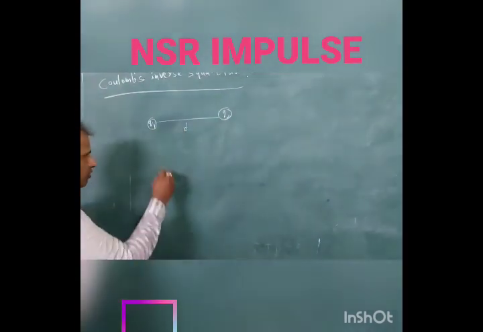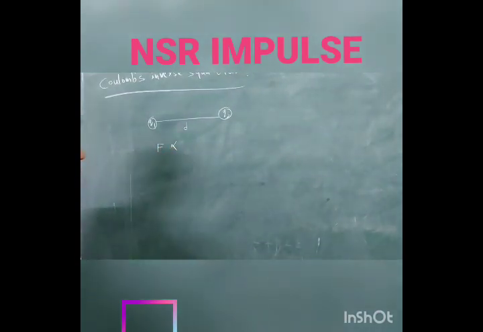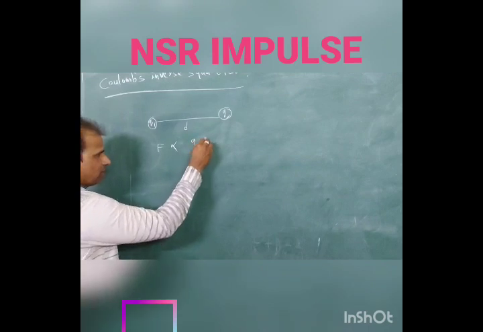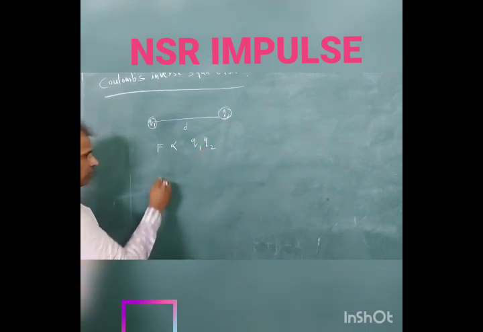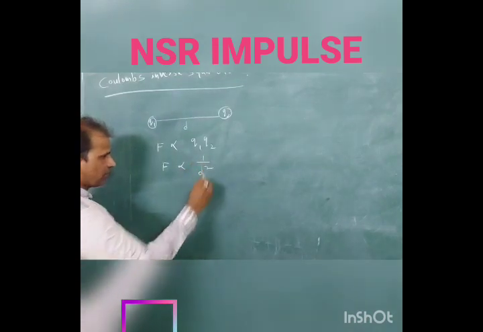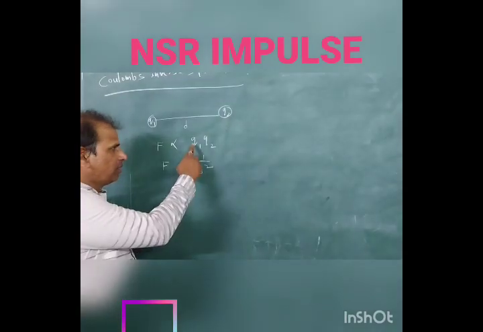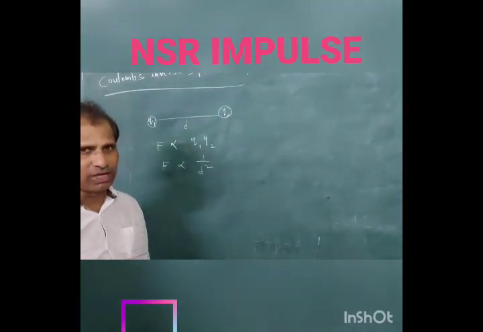So the force of attraction or repulsion is directly proportional to the product of the charges Q1 and Q2, and the force is inversely proportional to the square of the distance. Force is proportional to the magnitude of the product of the two charges.